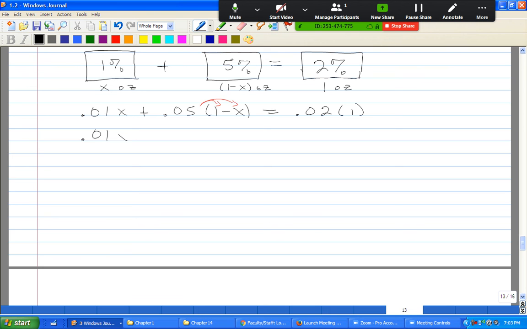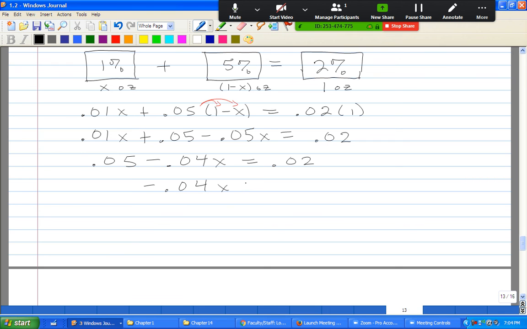So I get 0.01x plus 0.05 minus 0.05x equals 0.02. Combine like terms, and so I get 0.05 minus 0.04x equals 0.02. Subtract 0.05 from both sides of your equation.